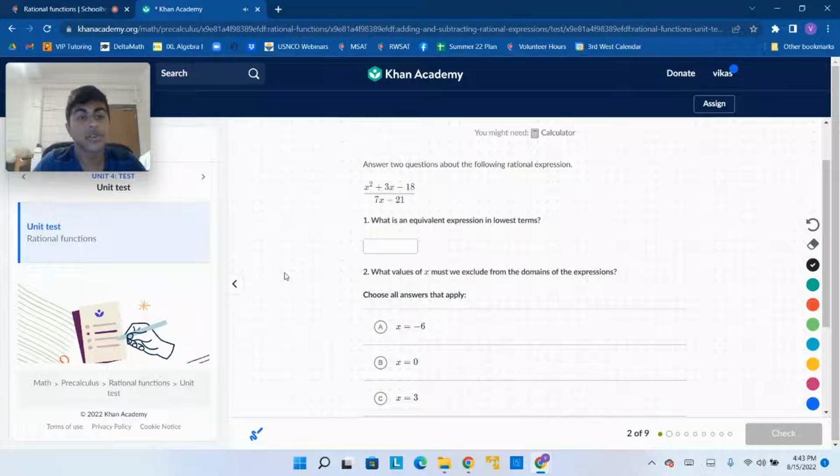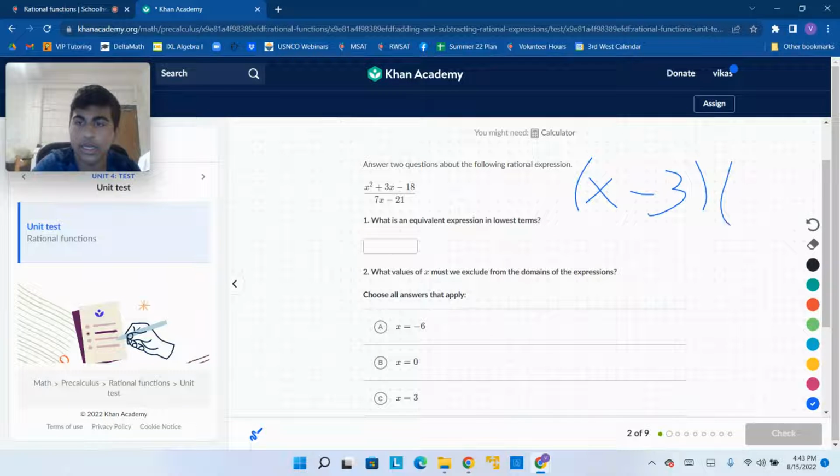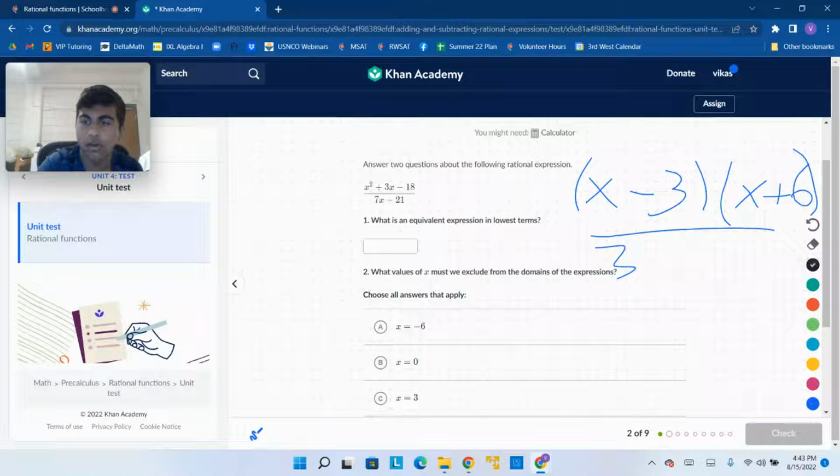Alright, now we have to answer two questions about the following rational expression. What is an equivalent expression in lowest terms? Let's see what we can do here. Well, we can factor this expression to be x minus 3 times x plus 6 over 7 times x minus 3.